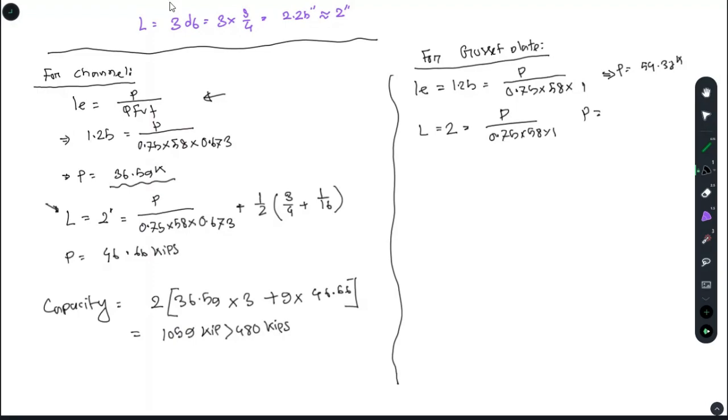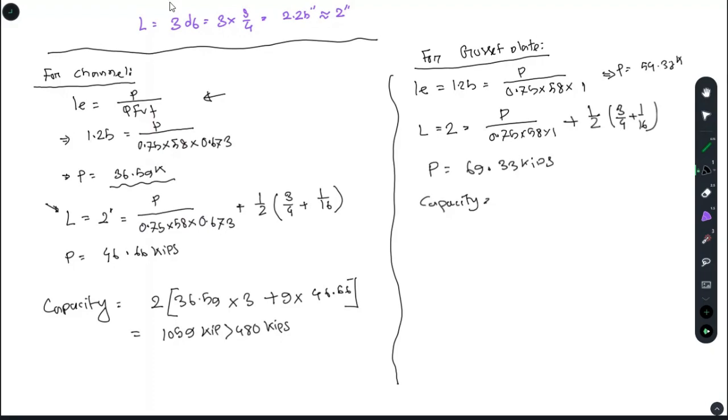It should be multiplied with that one, that is, sorry, added by this one, like plus half of 3 by 4 plus 1 by 16. From there you'll get a P value of 69.33 kips, and for that you'll find a bearing capacity of.